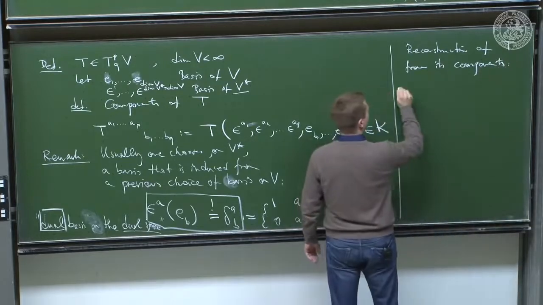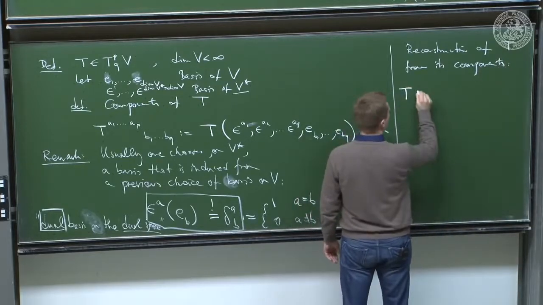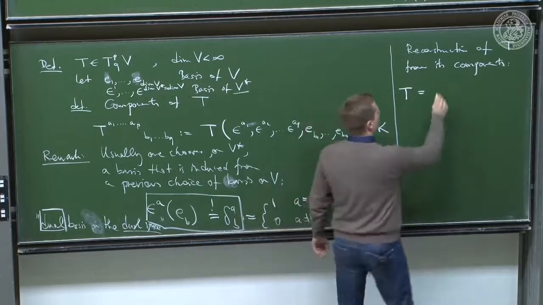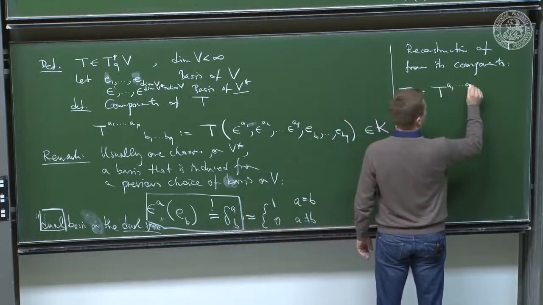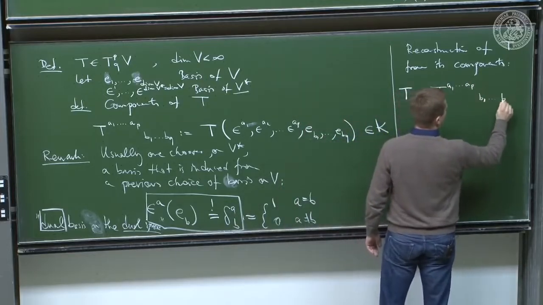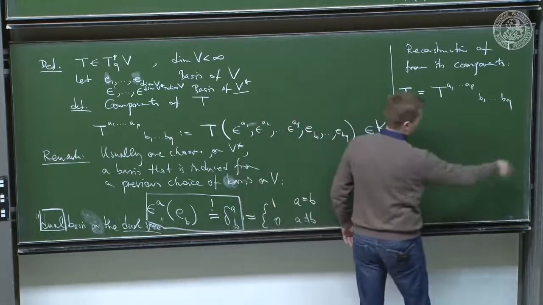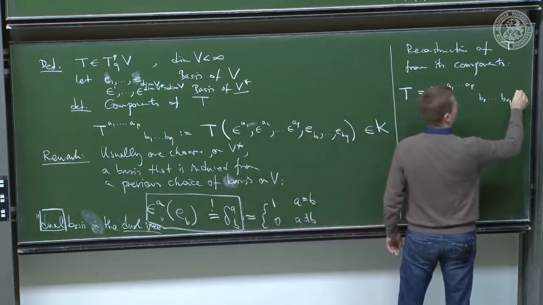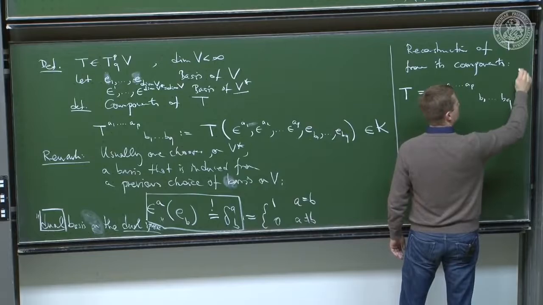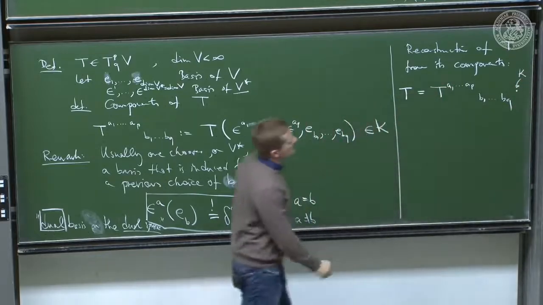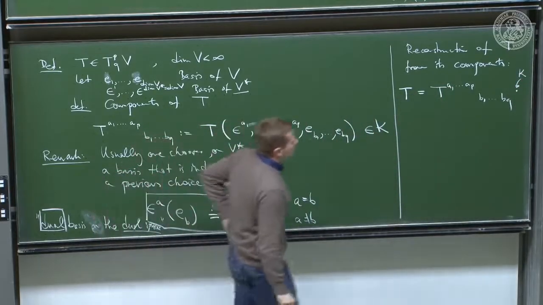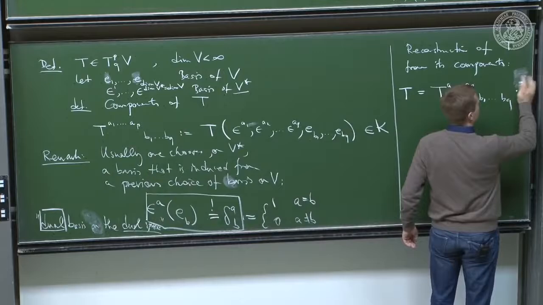And it works as follows. You take the big guy T, and you take its components, T^{A1...AP}_{B1...BQ}. Those are numbers, right? So, you know, the blackboard went on. I would put now a multiplication here. The multiplication is, no, that's wrong. Hang on a second. I'll tell you in a second what the multiplication is.